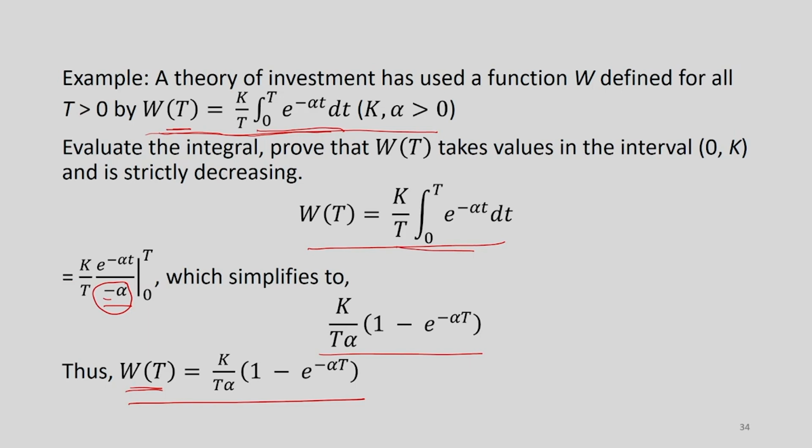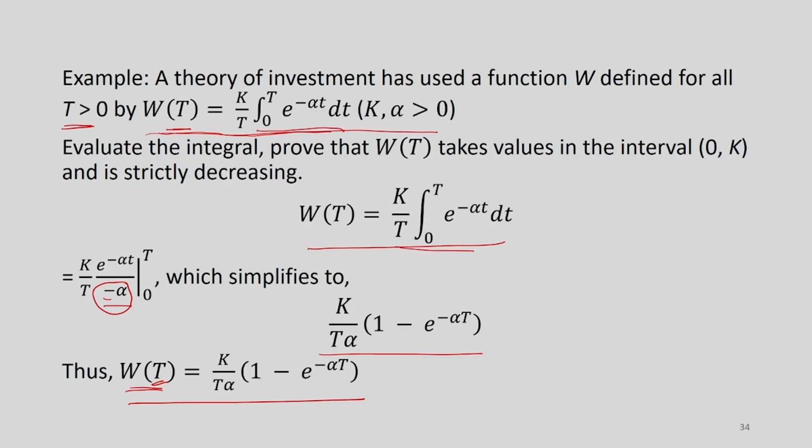Now, what we need to show is that W(T) takes values in the interval 0 to capital K. Okay. What is the range of capital T? Depending on the range of capital T, W will take different values. Now, we have been given the information that capital T is not negative.